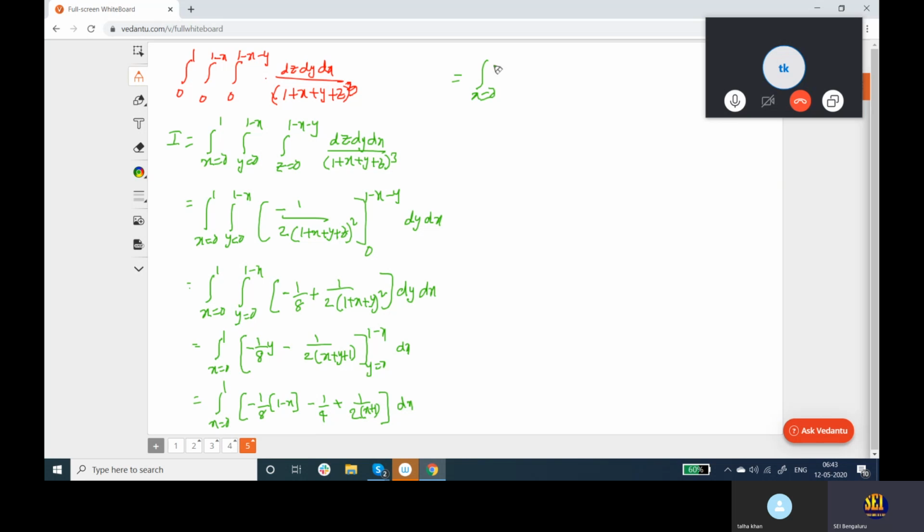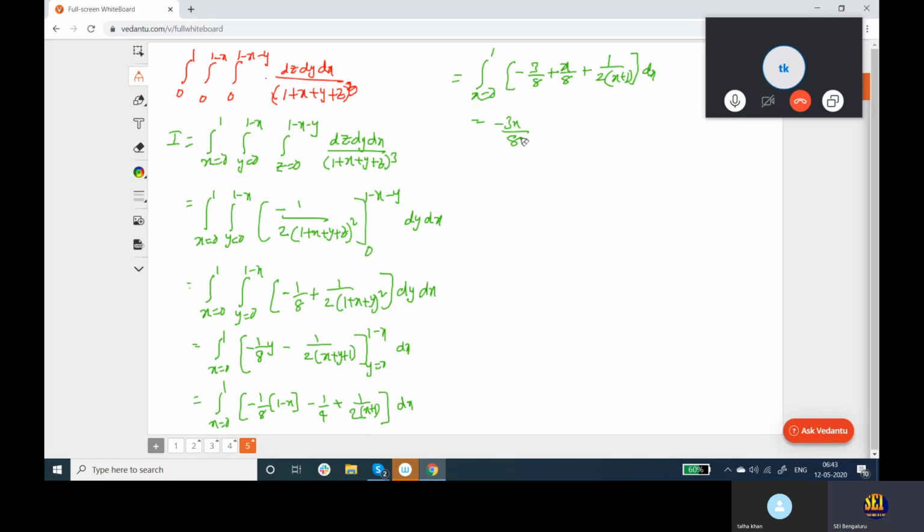X is equal to 0 to 1, minus 3 by 8 plus x by 8 plus 1 by 2 into x plus 1 into dx.